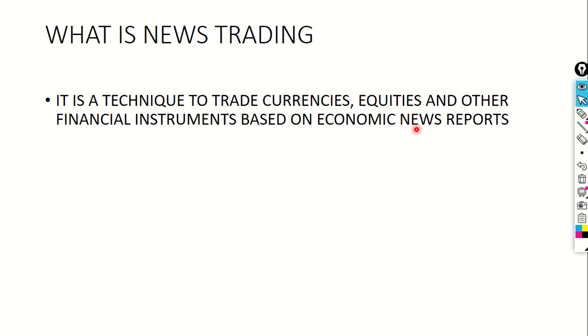Each country, like Australia, England with the pound, the US, Japan with the yen, has its own news events. If the news event is GDP, USD is going to have its own GDP report. The yen is also going to have its own GDP report.